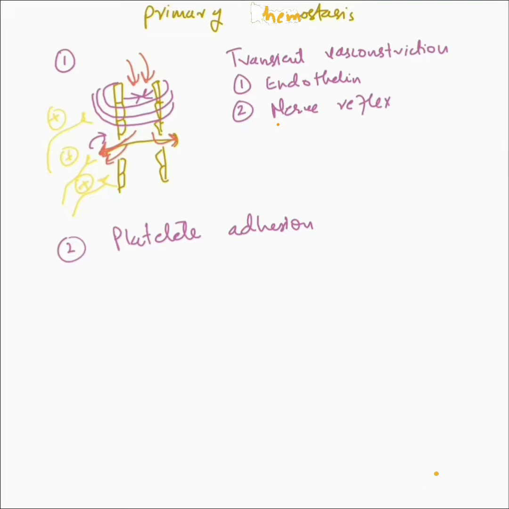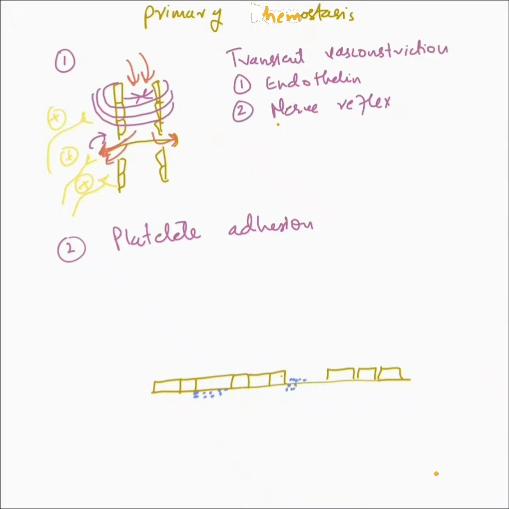Now, if we have this endothelium here, and this area is damaged, and we have the remaining endothelium here, then just below it, in the subendothelial area, we have something called the von Willebrand factor.